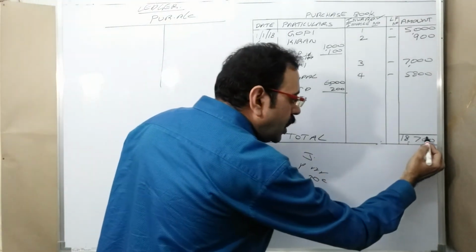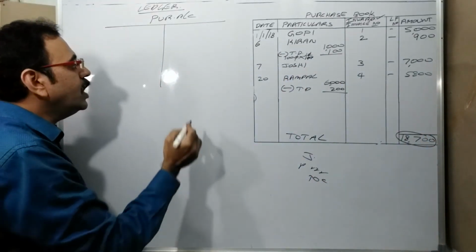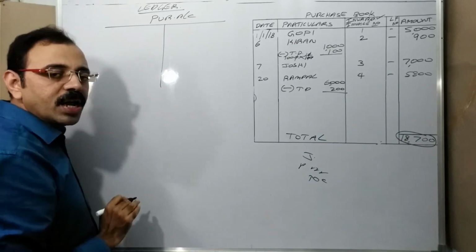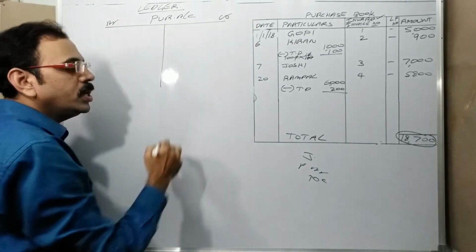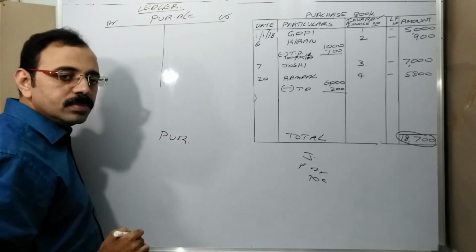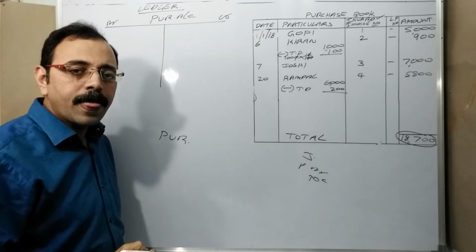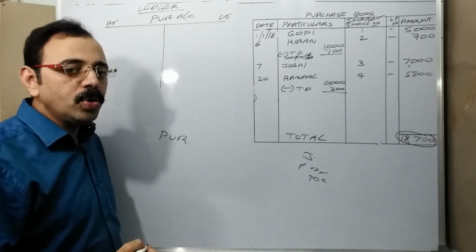The total purchase value is 18,700 rupees. That amount we can post directly here. Which side? Remember some points. Purchases is an expenditure. Expenditure comes under nominal account. What is the nominal account rule?